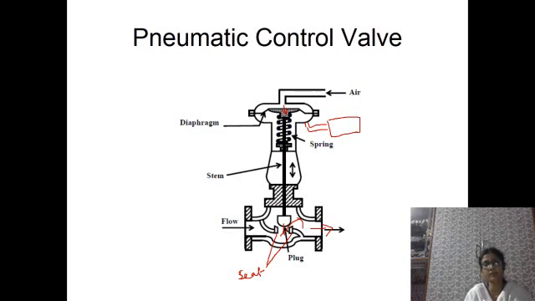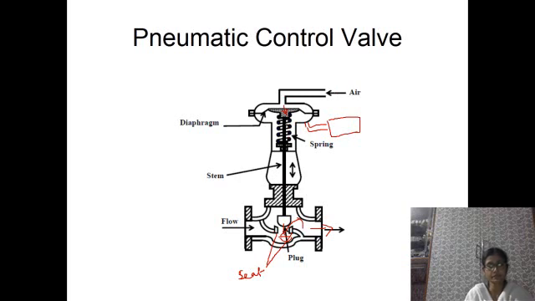And air to open type means when, due to increase of this air signal, the outflow increases. When may that happen? If this plug is positioned at the lower portion. See, instead of this plug at the upper portion, if the plug was at the lower portion, what will happen?